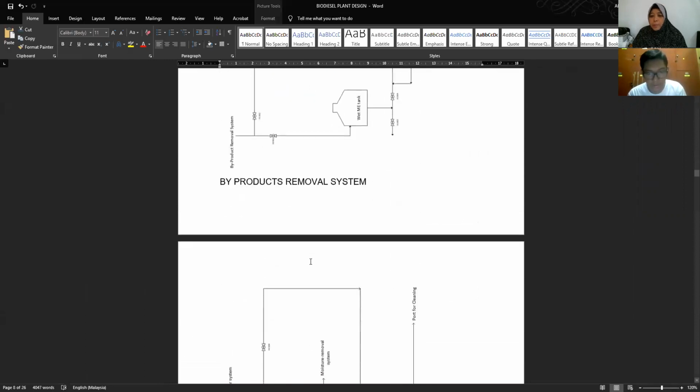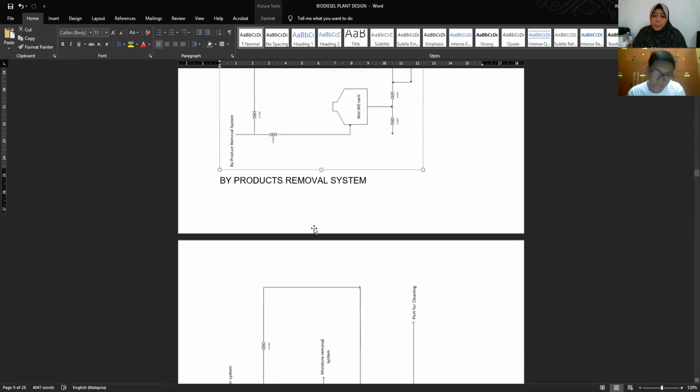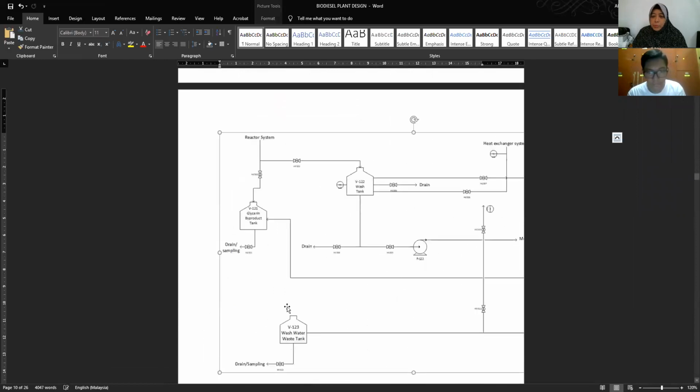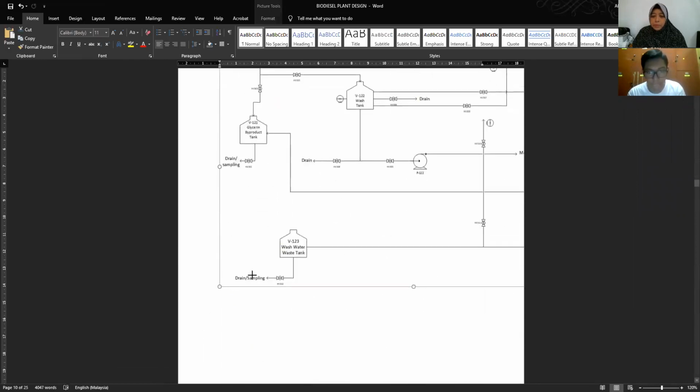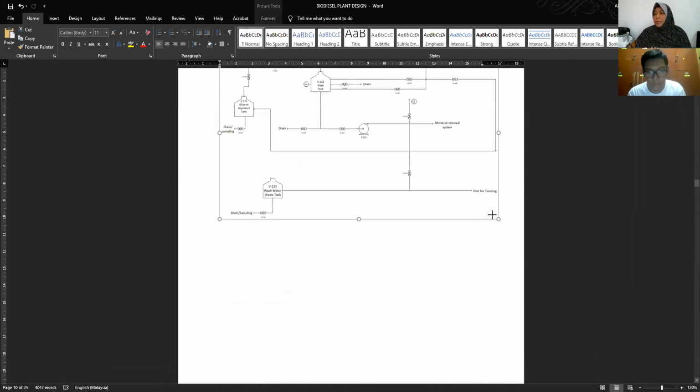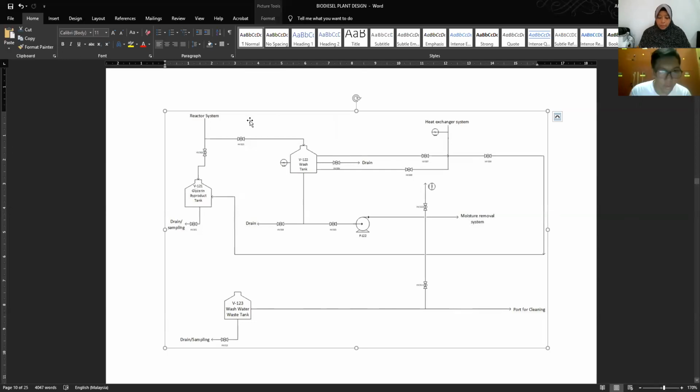The other one is the byproduct removal system. So this is the byproduct. To the byproduct system, I go to the reactor system first.